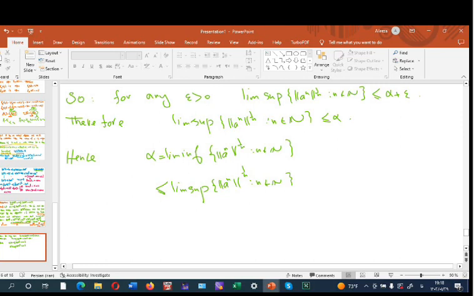And we proved that this limit supremum is less than or equal to alpha. This shows that the limit infimum of this set equals the limit supremum of this set.